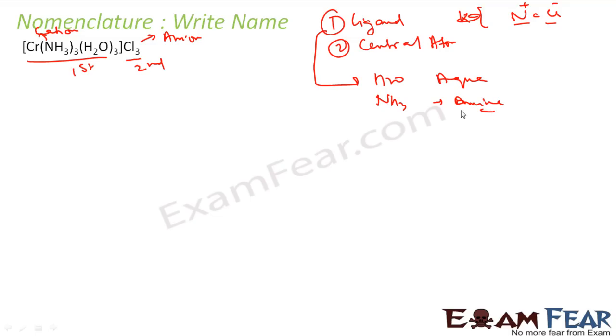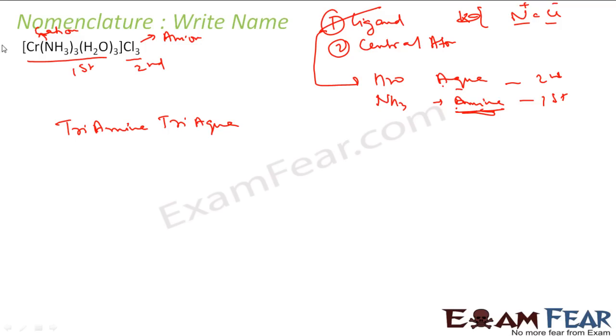Out of aqua and amine, which comes first? Both start with A, so let's see the next letter. This is Q, this is M. So amine comes first and aqua second. So first we'll write amine. How many amine? 3. So we'll write triamine. Then aqua. How many aqua? 3. Triaqua. We are done with ligands.